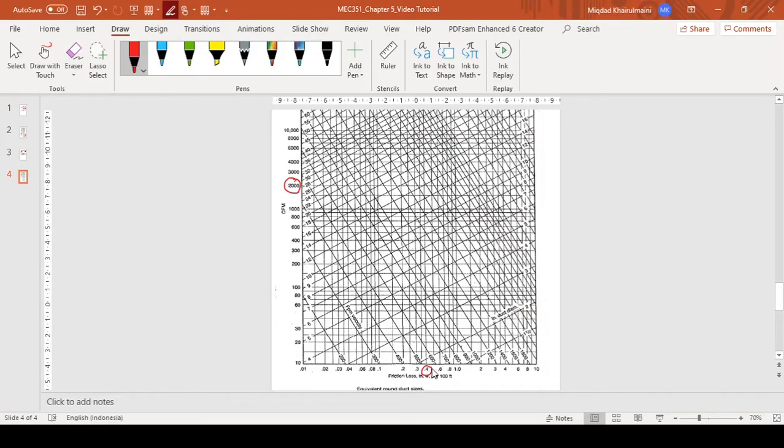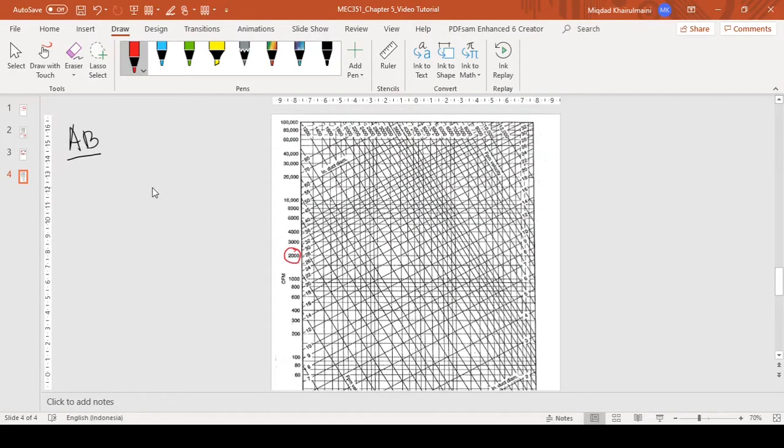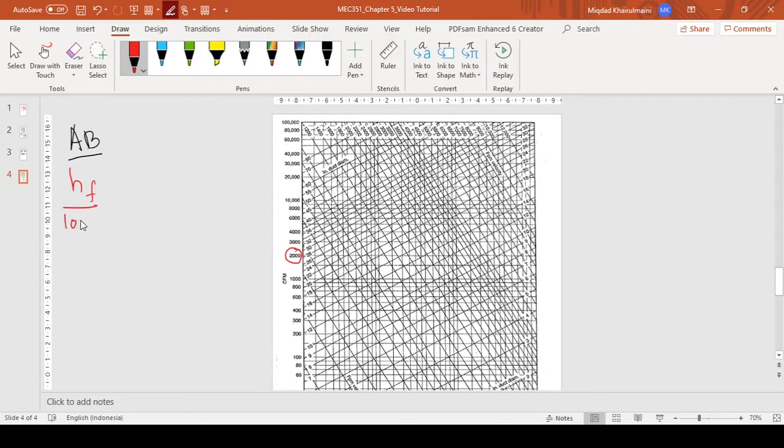So using these two values, HF over 100 feet is 0.4, and then we have CFM 2000. Using these values, we will find the FPM and the size of the diameter.